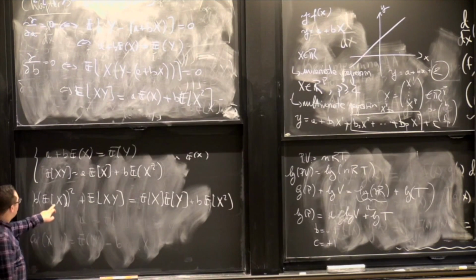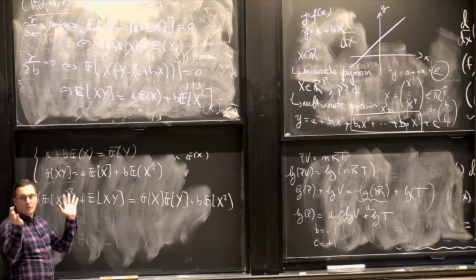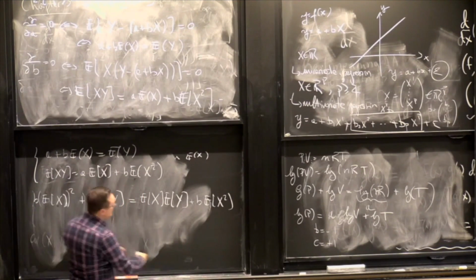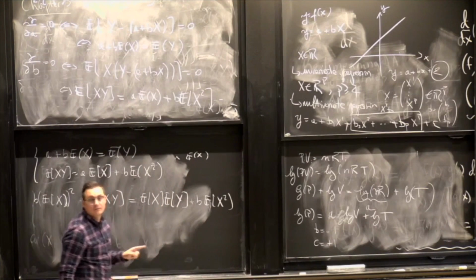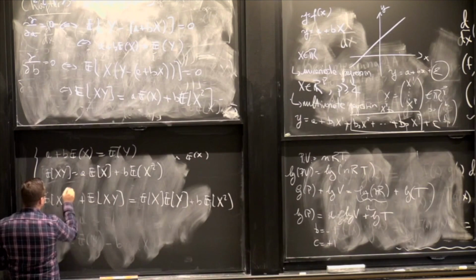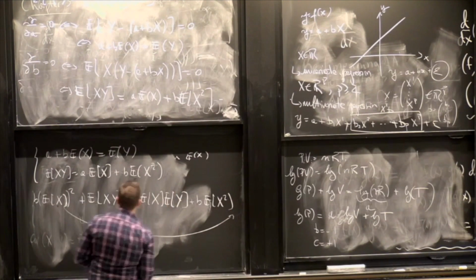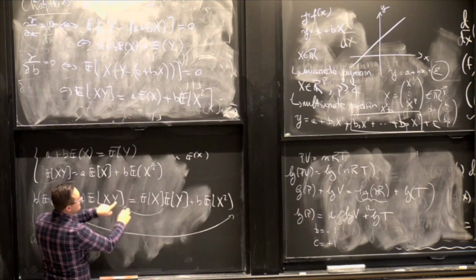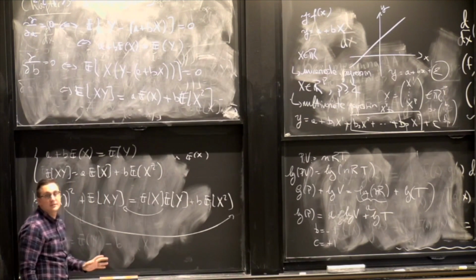So here I have b expectation of x, the whole thing squared, and here I have b expectation of x squared. So if I pull this guy here, what do I get? B times the variance of x, OK? And when I move this guy here, I get expectation of x times y minus the expectation of x times the expectation of y.